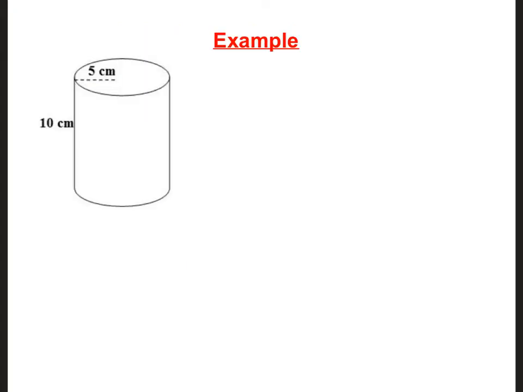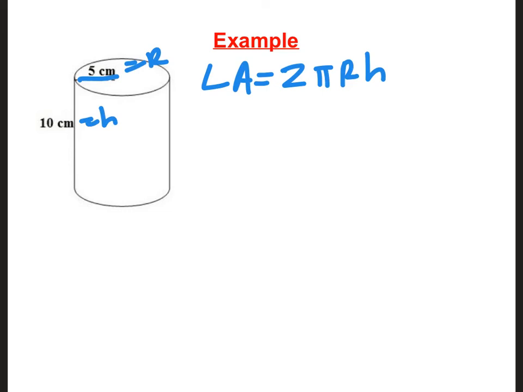All right, we're going to do one more example. We are going to start out by finding our lateral area. Remember, lateral area equals 2 pi r h. This time they give me my radius, which is 5. They give me my height, which is 10. So we're really doing 2 pi times 5 times 10.